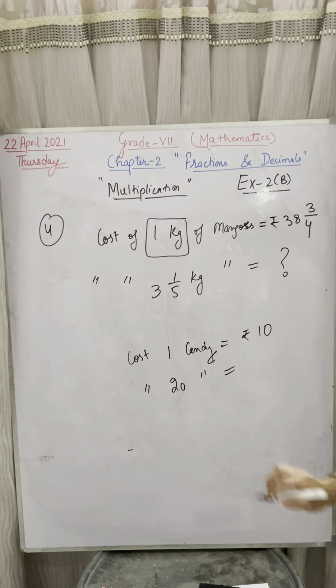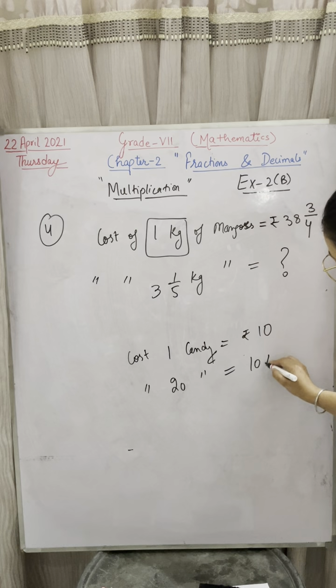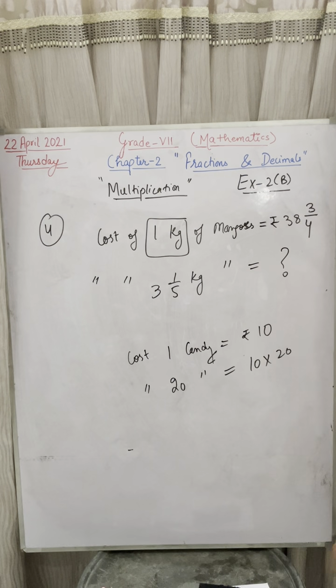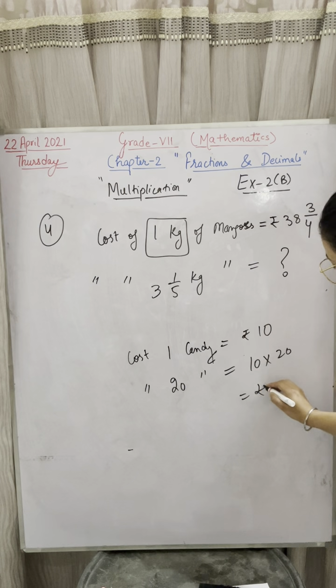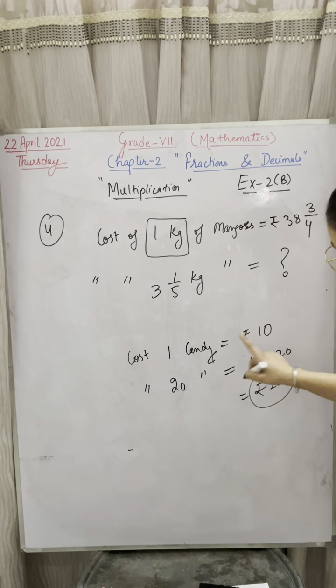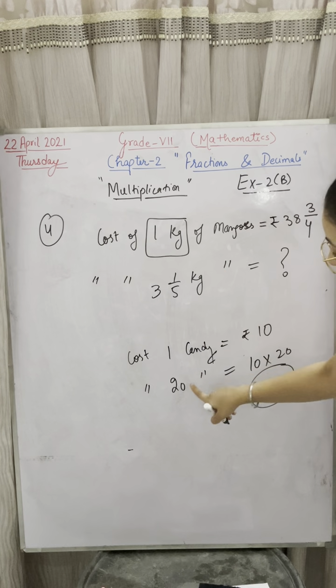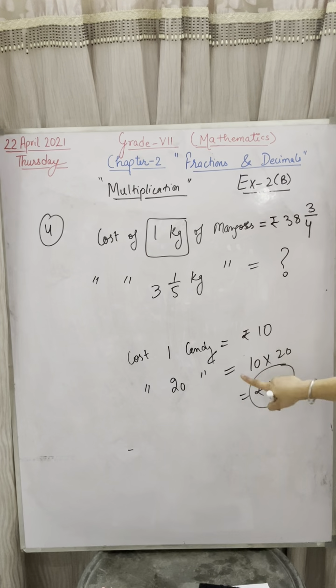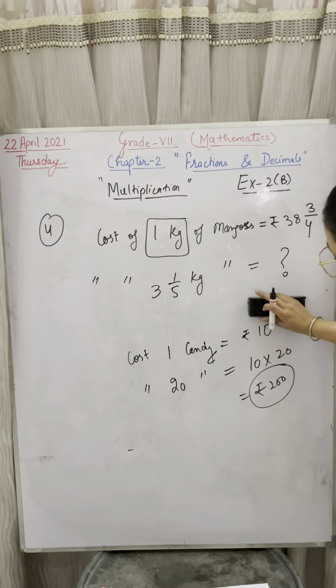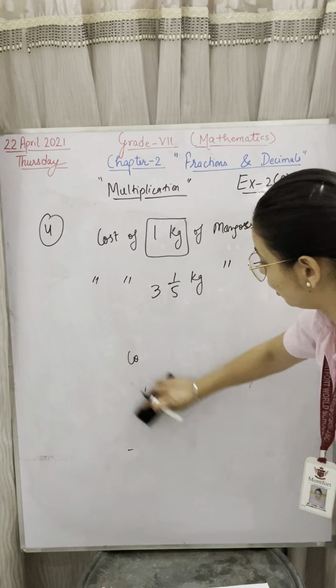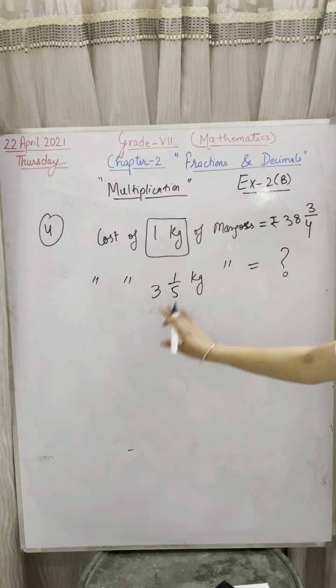Will you multiply 10 rupees with 20, or divide? Obviously, you will multiply 10 and 20, that will be 200 rupees. So here we will not do division, we always do multiplication in this case.